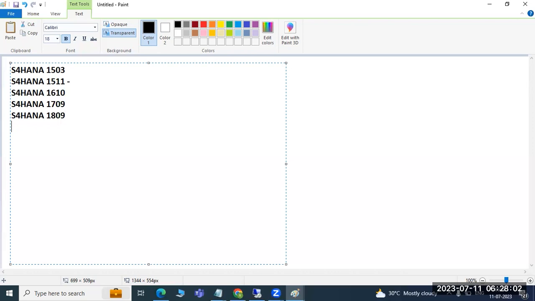It should have been released in the eighth month, but they delayed it and released it in the ninth month. That's why it is 1809. Then the 1909 version.